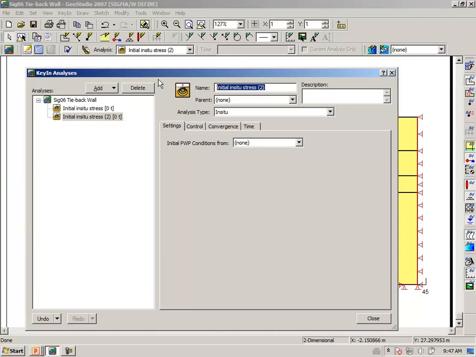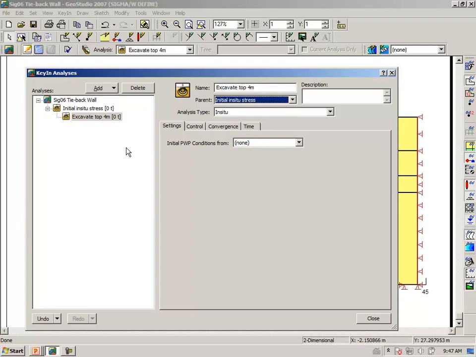We say excavate top 4 meters. And our parent is going to be the initial in situ stress.